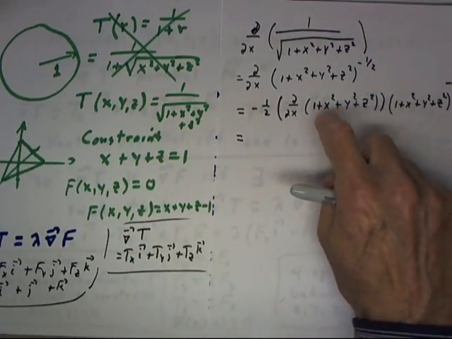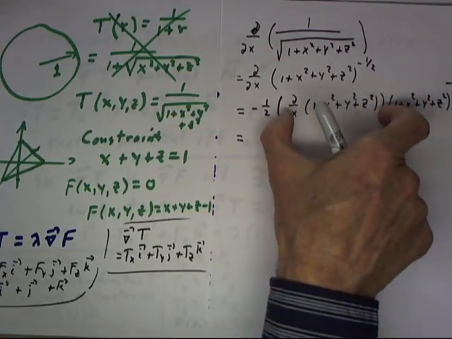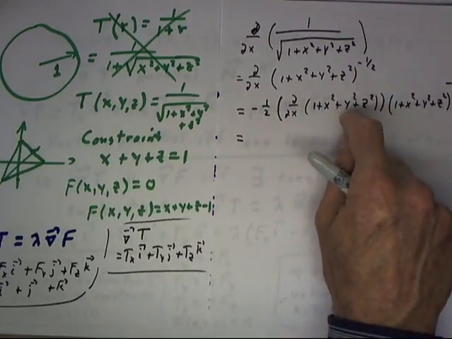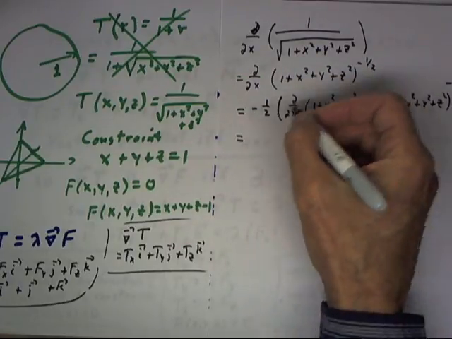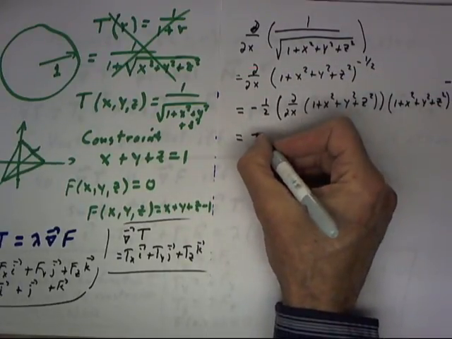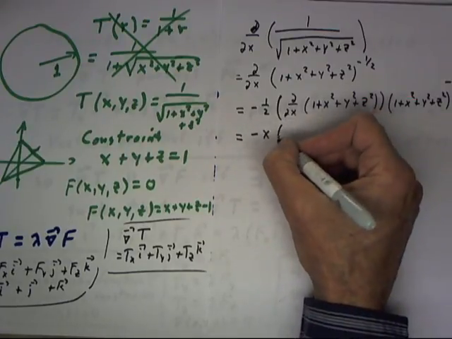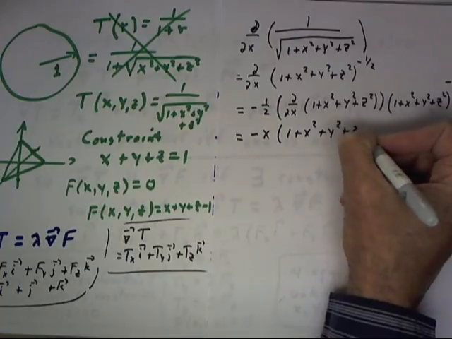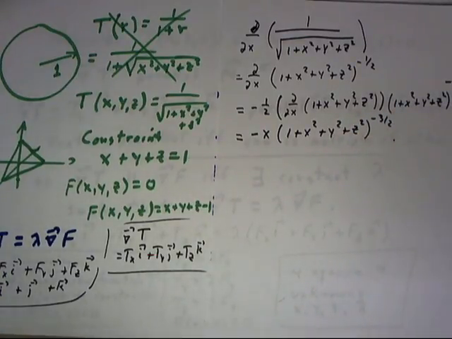The partial with respect to x here is just 2x, so that's pretty easy. So this much of our expression is just going to be 2x, and that's going to be multiplied by negative 1/2. So that comes out actually fairly neatly as negative x times 1 plus x squared plus y squared plus z squared to the negative 3/2.